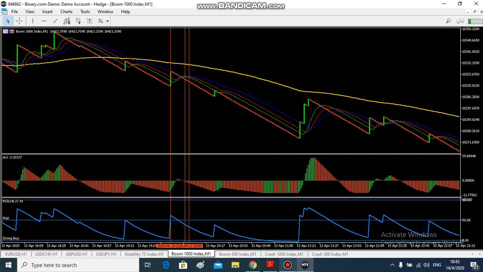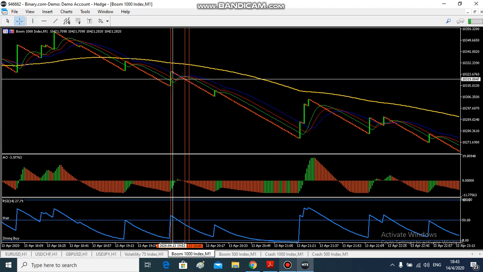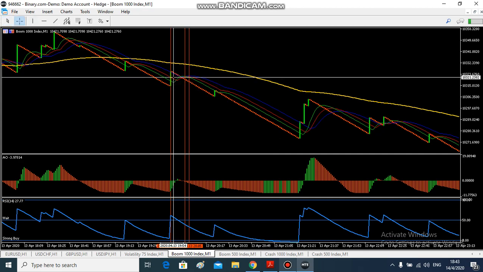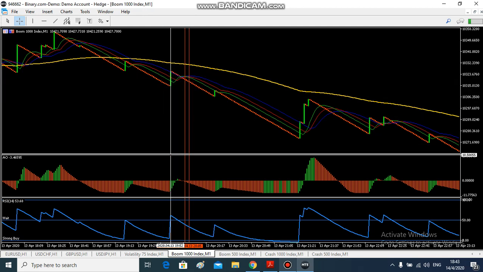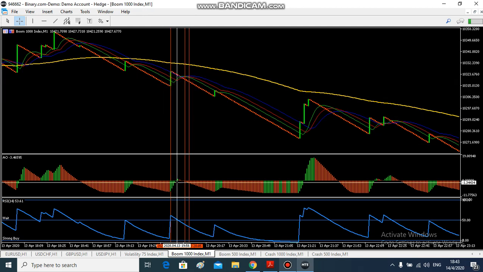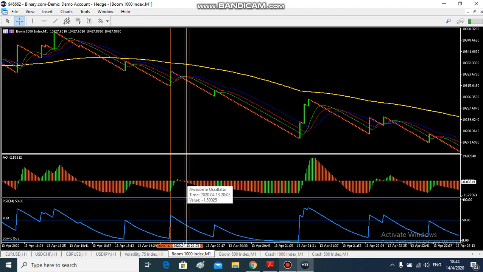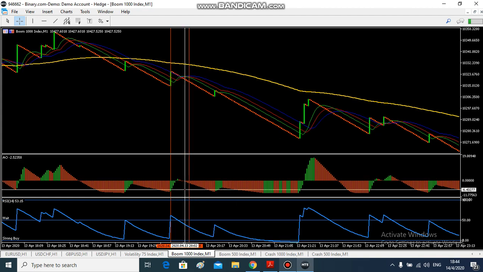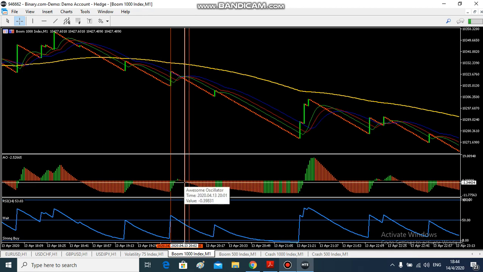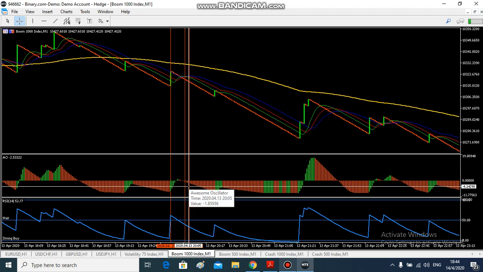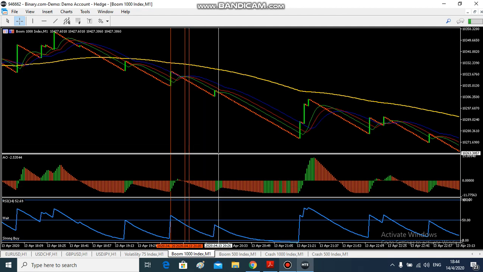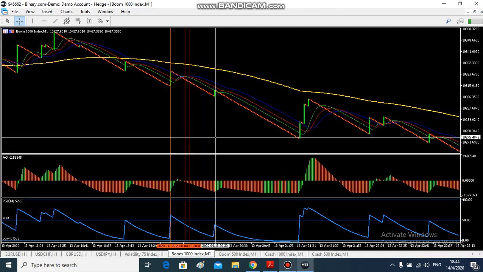But one thing I need to emphasize here. I would have said let me jump in here, but the oscillator is still signaling that a spike can happen, with these green candles continuously coming in. Only when we start to see these red, bearish candles in the histogram, and the market moves down, do we have a confirmation and jump in here, then 3 candles, which is 300 pips, and we are out. Look what happened: boom, that's a spike.